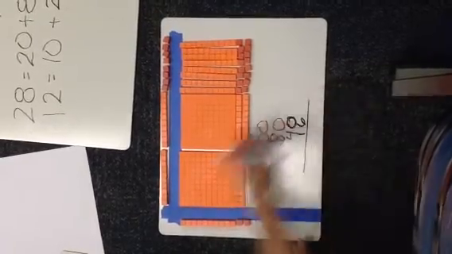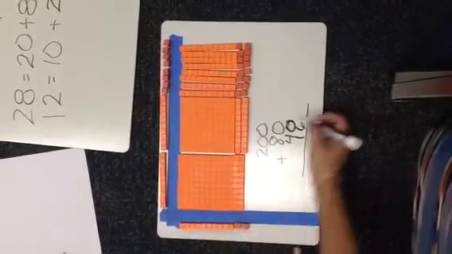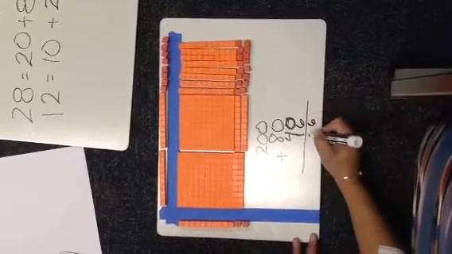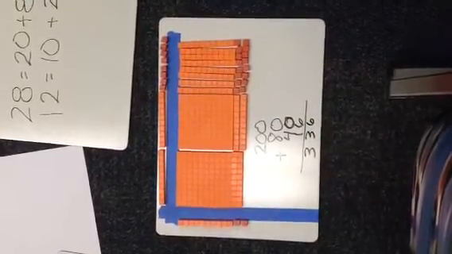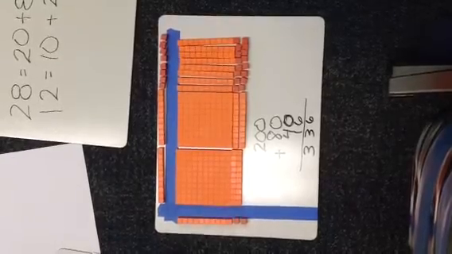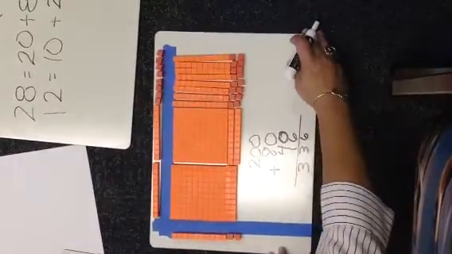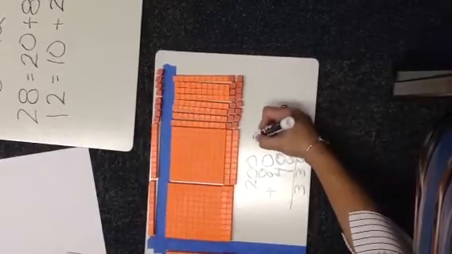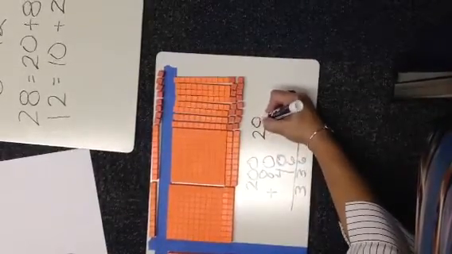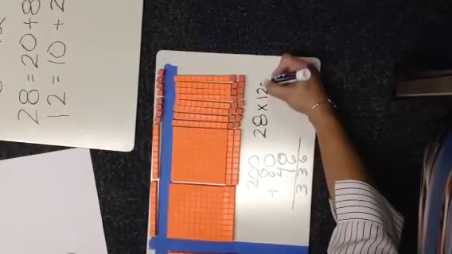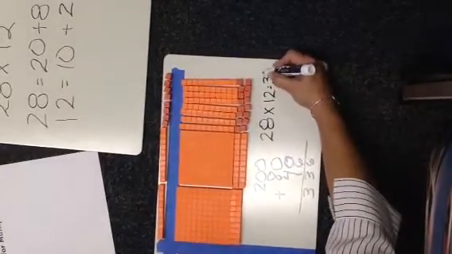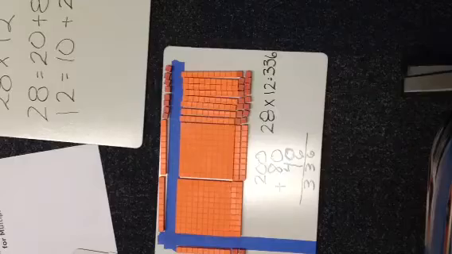We're going to add up all of those values to get a final value of 336. So we have just modeled how 28 times 12 is 336.